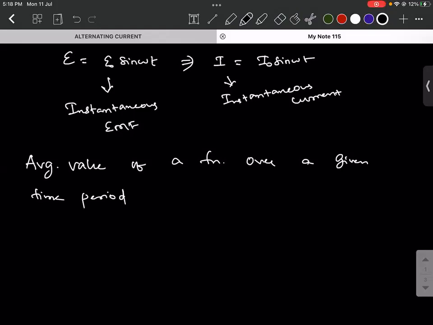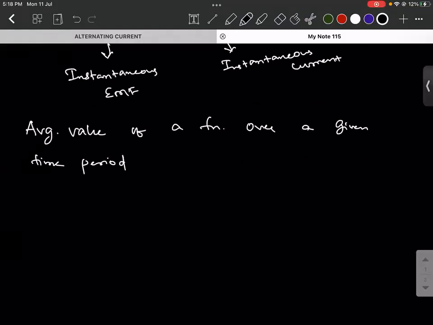I suggest you write it along with me. How do you find the average value of a function over a given time period? If I take the values 1, 2, 3, 4, 5, and I ask you what is the average value of this, what will you tell? 1 plus 2 plus 3 plus 4 plus 5, the whole divided by 5.